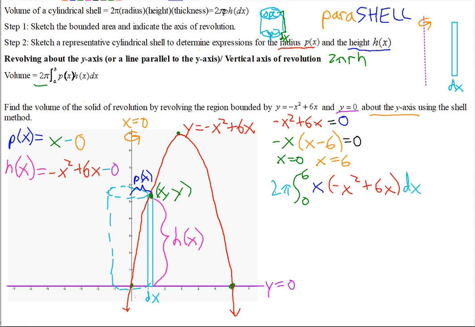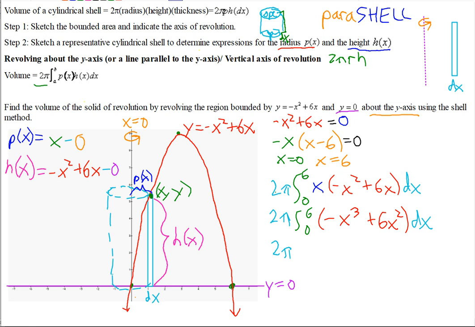So here we just have to multiply this out, so it's easier to integrate. So x times negative x squared would be negative x cubed. X times 6x is 6x squared. And now since they're added here, you can just integrate each one separately. So you've got 2 pi on the outside.